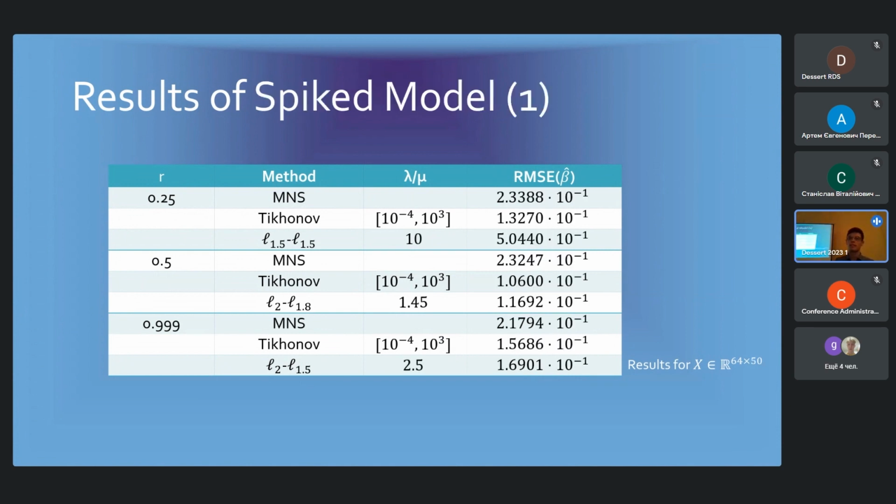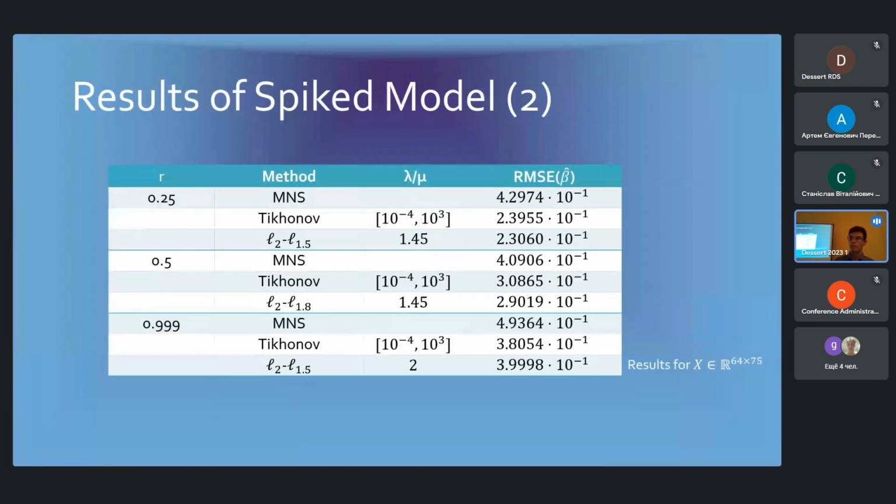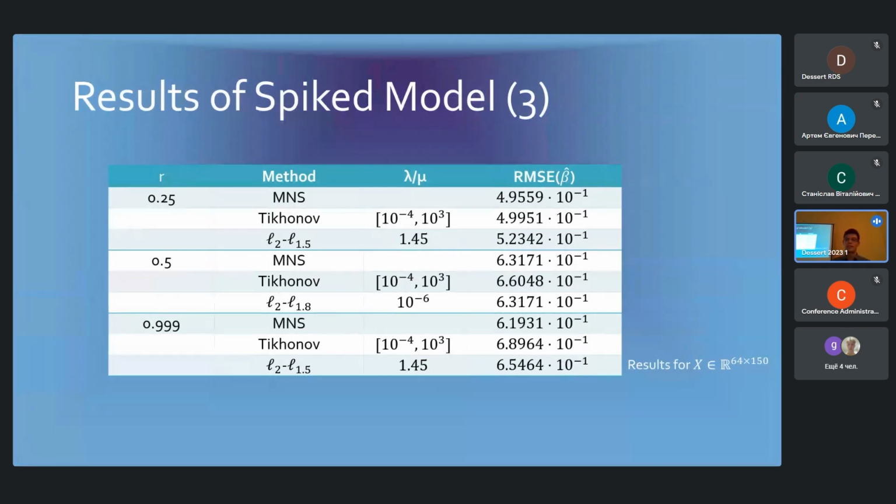That can also be said about the spikes model for various dimensions, because the MNS proves satisfactory as the number of columns keeps increasing.